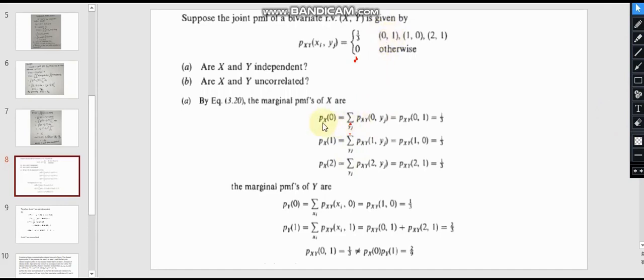In that case the marginal probability is 1/3. For X equal to 1, Y would be 0, so the joint probability mass function is 1/3, and the marginal probability mass function for X equal to 1 is 1/3.